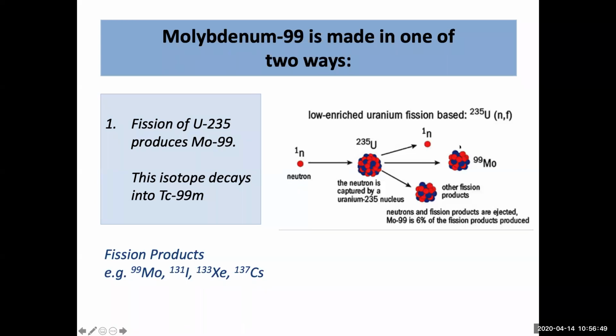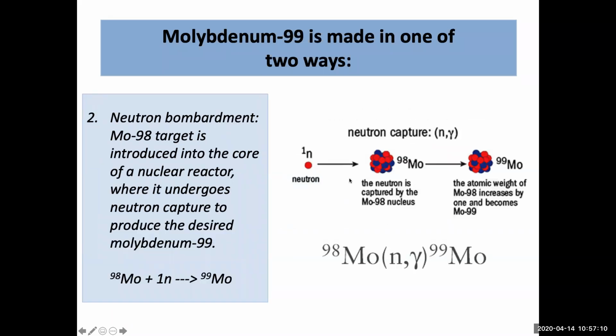So one of the fission products produced when the neutron hits the uranium-235 is molybdenum-99. This isotope is taken and put in the generator, and used later to produce the technetium-99. This is the first method to produce molybdenum-99, by the fission of uranium-235.